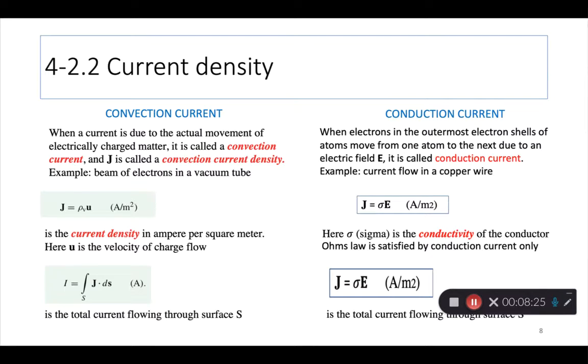Alright, so now let's talk about current density. So there are two types of currents. You may be surprised, right? Maybe you've heard of this, maybe you haven't. Actually there's one more type, but let's stick with two.